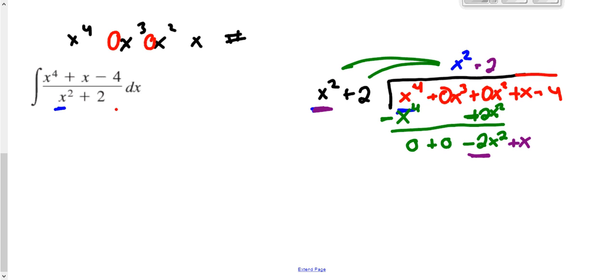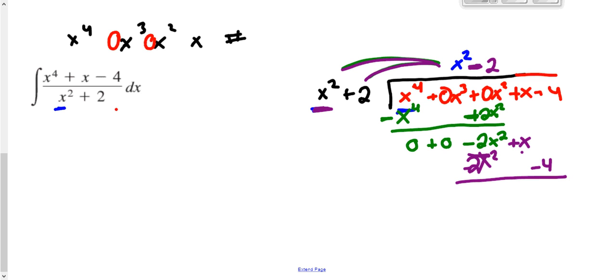Well, negative 2. And then we distribute it to both. So we have negative 2x squared. And we have plus 4. So I'm not going to put it under x. I'm going to put it over here. Oh, that's a negative. Very good. Okay, there we go. So that would be a minus 4. Negative 2 times positive 2 would be a negative 4.